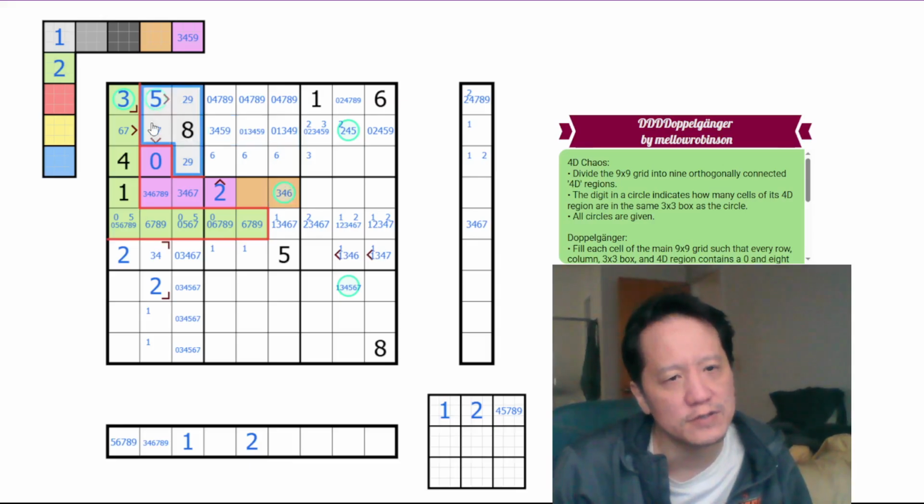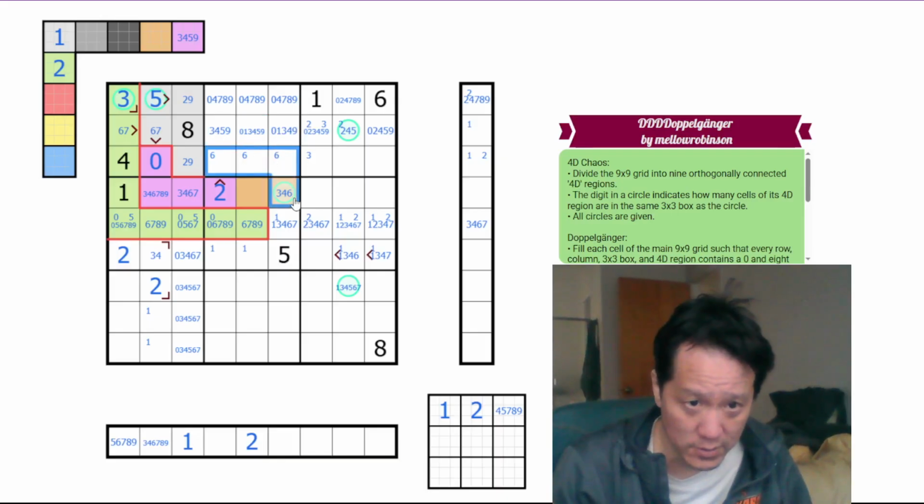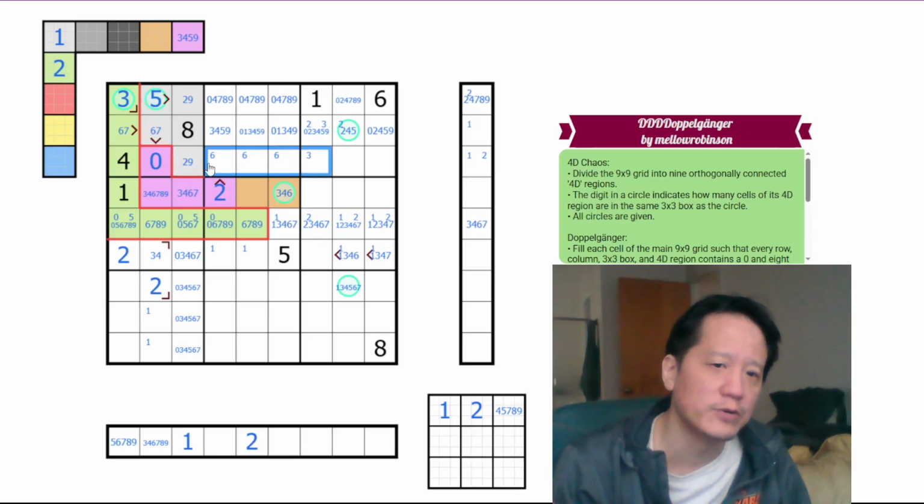It's 5 cells here. We cannot go 4 there because that's a 1. 5, and we know that digit's missing. So I can't do something like that because that's 4 cells, which require 4. Can't go like that because there's not enough digits here. We're missing a 6-7 also, so we need a 6-7. But we can't do that. We can't go here. We can't go all 4 here because we're missing a 4 then.